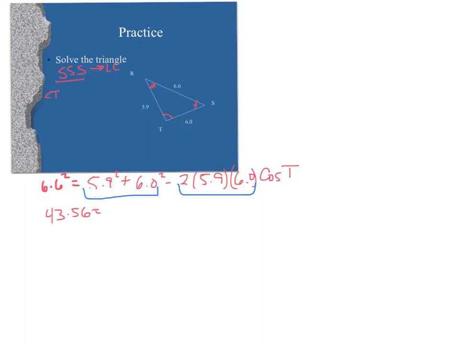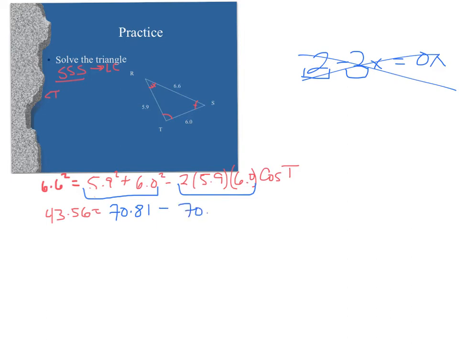It's like saying 2 minus 2x is equal to 0x. You can't put this guy and this guy together. That's not good math. So I'm going to break each one of these up. I get 70.81 minus 70.8 cosine of T.